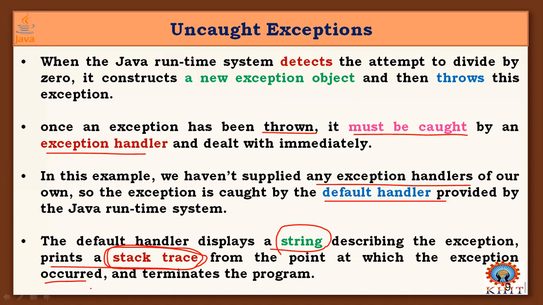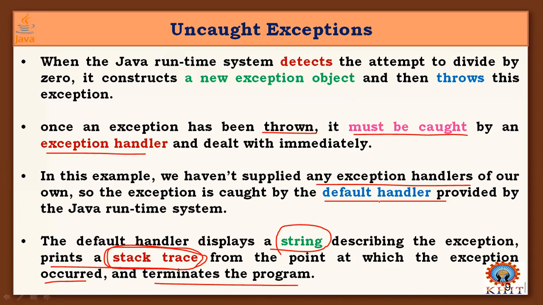Tracing means observing, monitoring where that exception occurred, from what line of instruction of your program, in which method, in which class. Everything is collected by this stack trace, and it prints as a string from the point at which the exception occurred and then terminates the program.